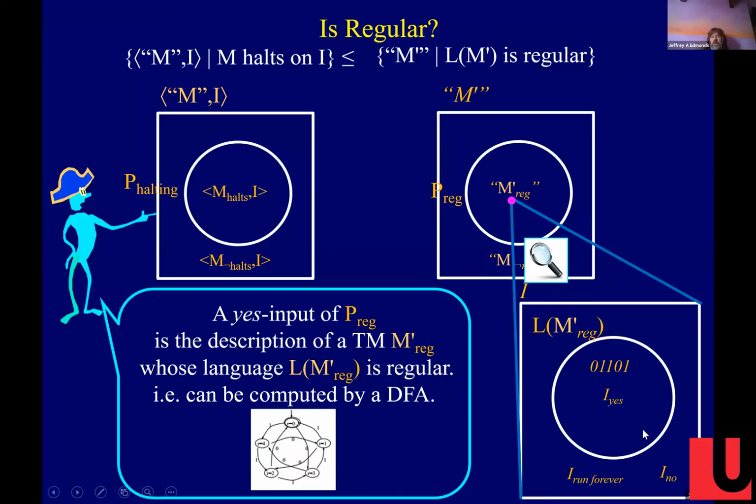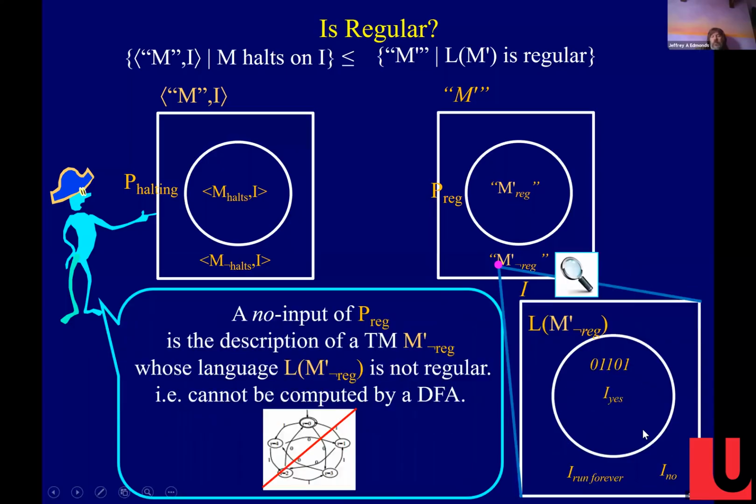What about a no instance? This guy here is a no instance. Because it's a no instance, we know it has no regular expression, I mean, no DFA that does it. But still, on some inputs it says yes, on some inputs it says no, and on some inputs it runs forever.